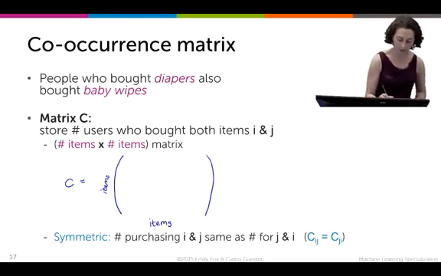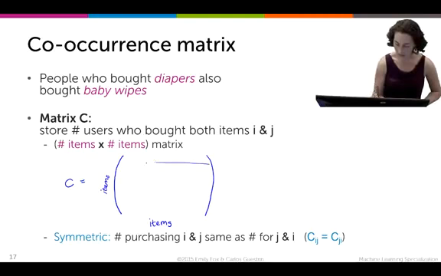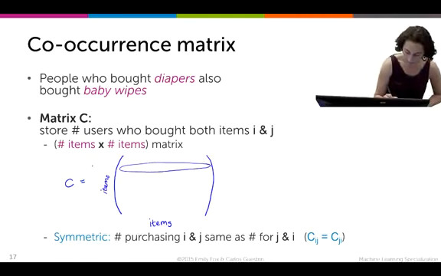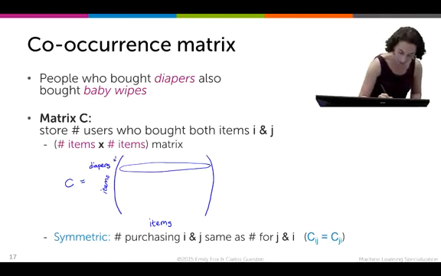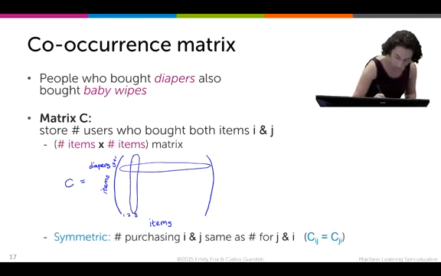So for example, maybe this row of this matrix might be the row corresponding to diapers. And then if this is, let's say, the third row of this matrix, then I would also have that the third column of this matrix corresponds to diapers as well.